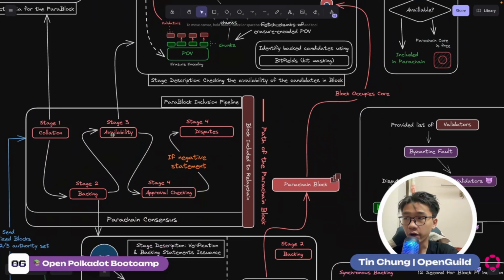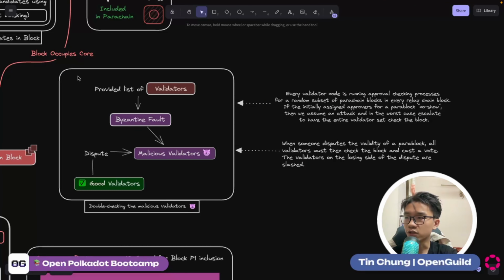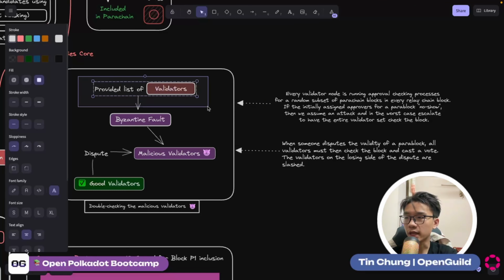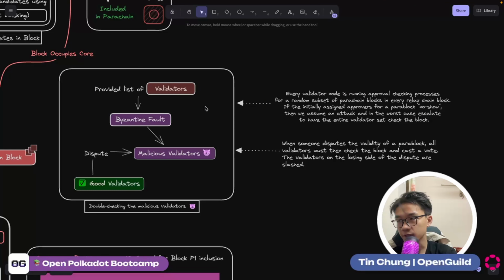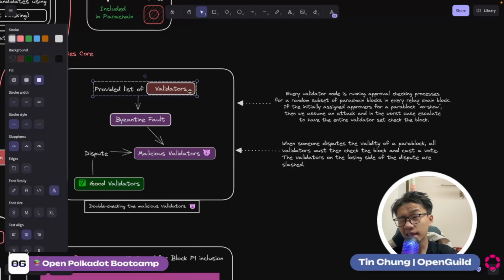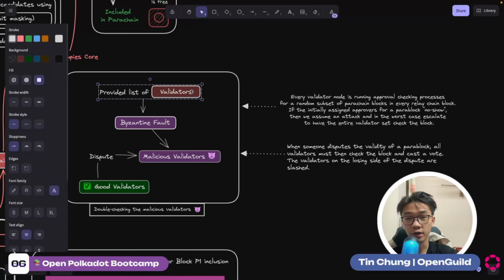After the availability stage, there will be approval checking and dispute. Approval checking is basically: if it's approved, then it's included in the relay chain, and if not, then you move to the stage of dispute. You dispute that, okay, this is wrong and I don't want to include it. For the approval checking, we provide a list of validators. This list of validators is the assigned validator set we already have from before.